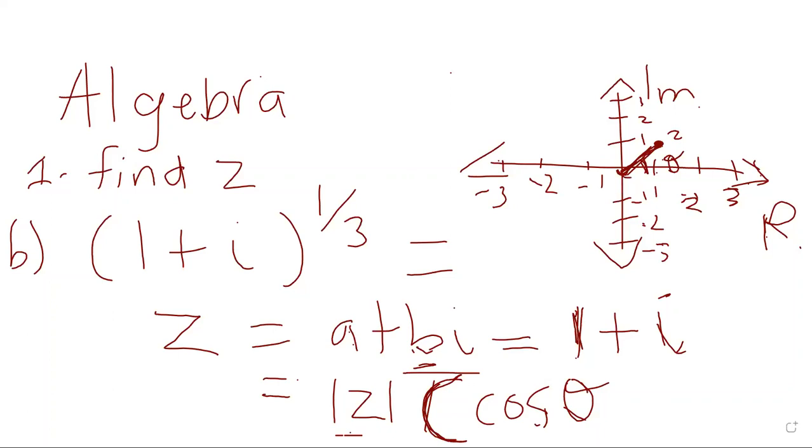Because it's taken with respect to the real axis, we have cos theta first, being the real part, and then sin theta, because sin theta is the imaginary part.